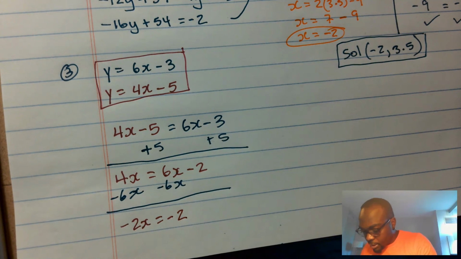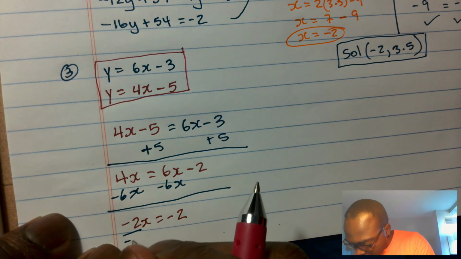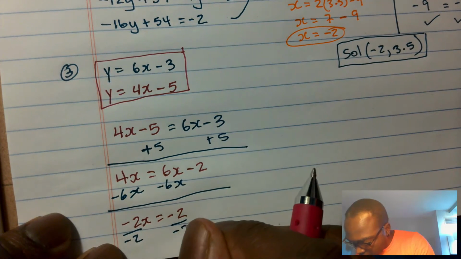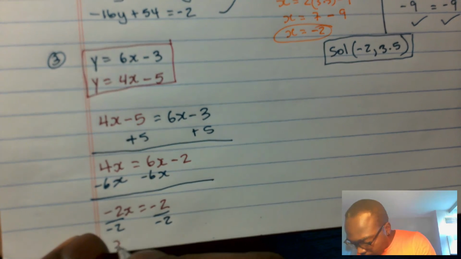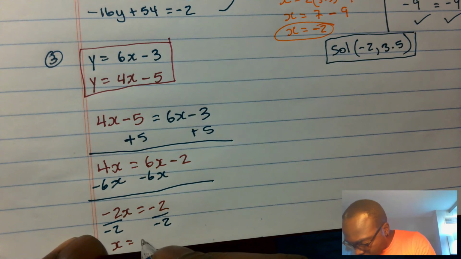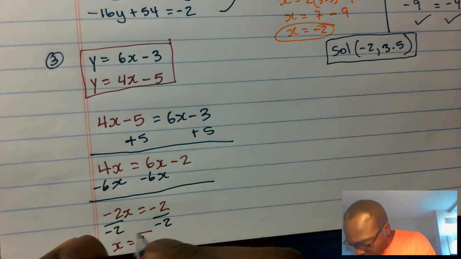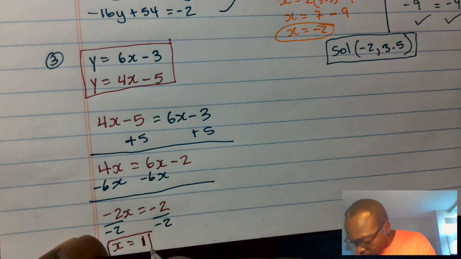Now, how do I get x by itself? I'm going to divide by negative 2 on both sides. So from there, x is equal to 1. So we have x is equal to 1 here.